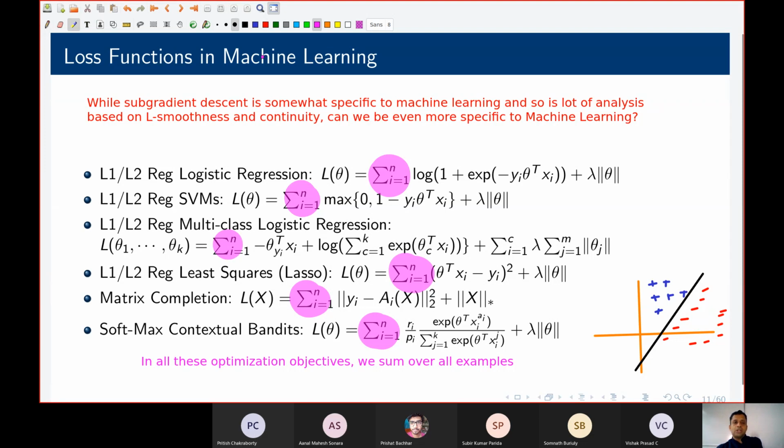So which examples matter more? Well, for the positive case, maybe these examples matter more. For the negative, maybe these examples matter more. So why should we sweat it out on all examples?